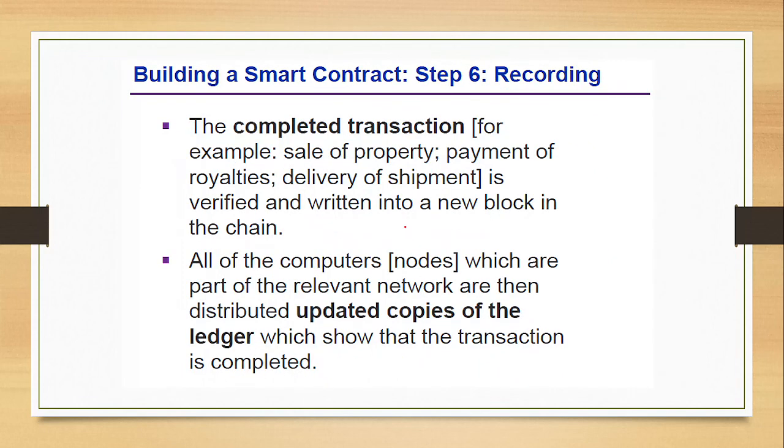Then lastly, step 6, we can talk about the recording part. For example, a sale of property or payment of royalties can be verified and written into a new block in a given chain. This is where the various nodes will get a copy of the newly created ledger.